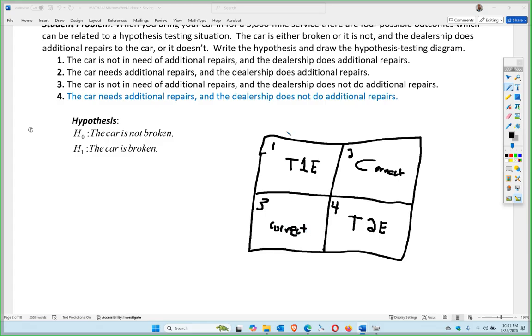Because essentially, the null hypothesis is either true or the null hypothesis is essentially false. Right? So basically, not broken. Because if the null hypothesis is true, the car is not broken. Otherwise, it is broken.